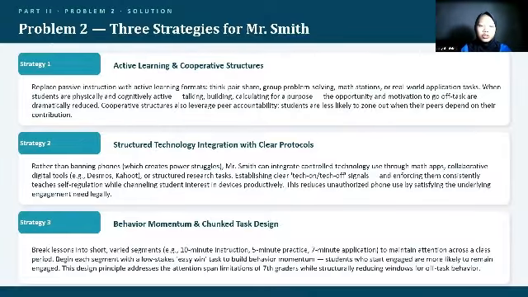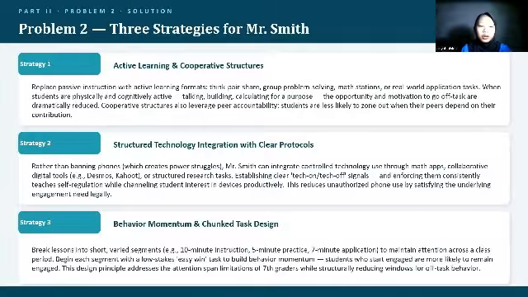Strategy 2. Structured technology integration with clear protocols, rather than banning phones, which creates power struggles. Mr. Smith can integrate controlled technology use through math apps, collaborative digital tools, for example Desmos or Kahoot, or structured research tasks, establishing clear tech-on and tech-off signals and enforcing them consistently.